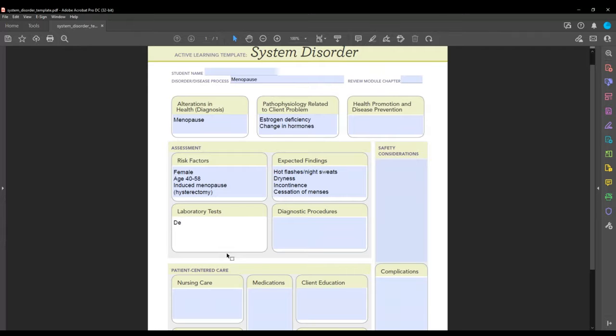So on our labs, we would expect decreased estrogen levels. Iron's prudent to check. I don't know that it would be necessarily correlated. I really start to worry about iron when we have the abnormal uterine bleeding and we're losing a lot of blood. What else might we check?